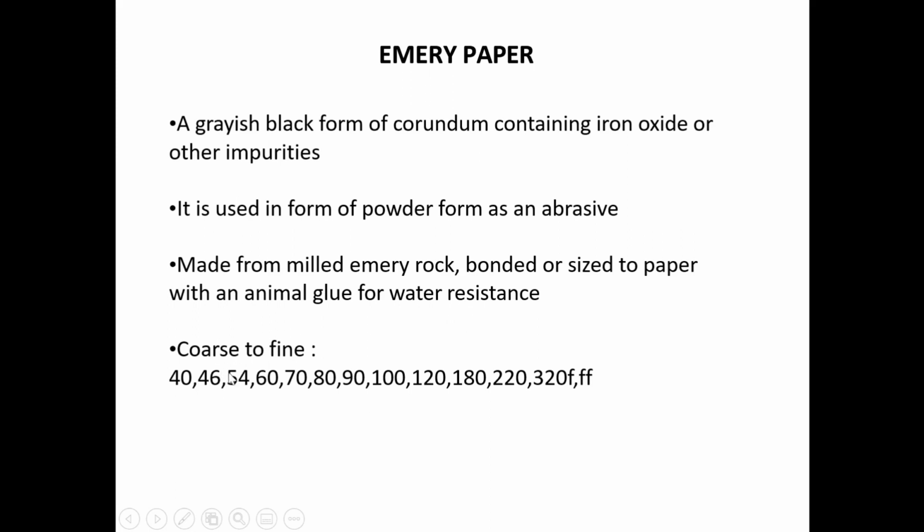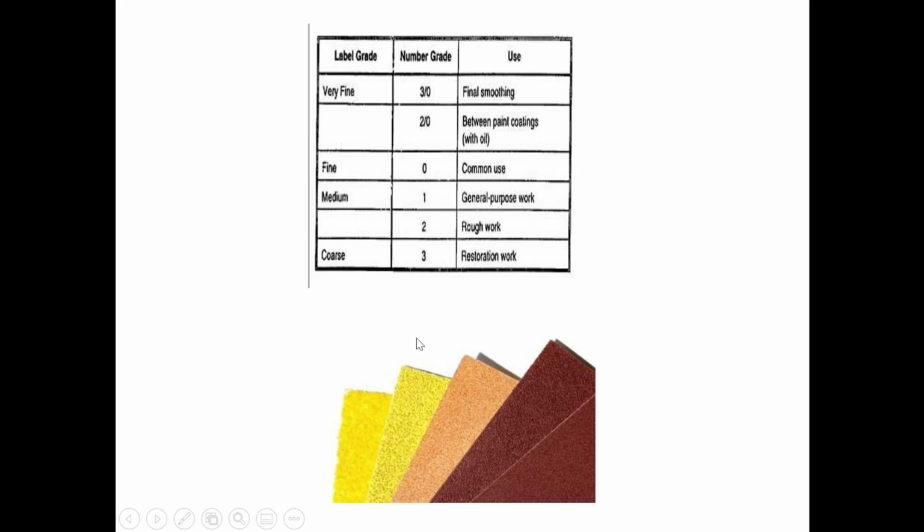The different grades from coarse to fine are as shown in the figure. So these are some examples with a coarse to fine ratio. These are the grades used for restoration work, rough work, likewise going to final smoothing.